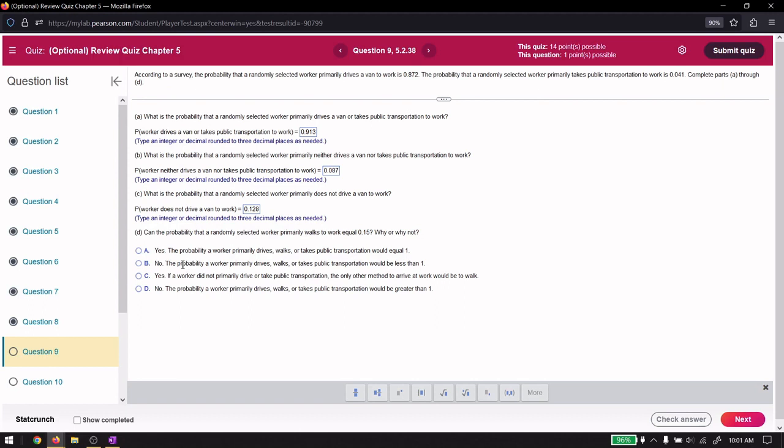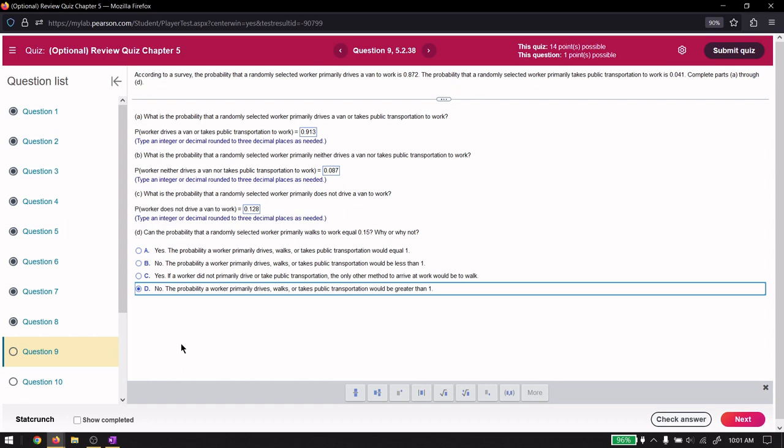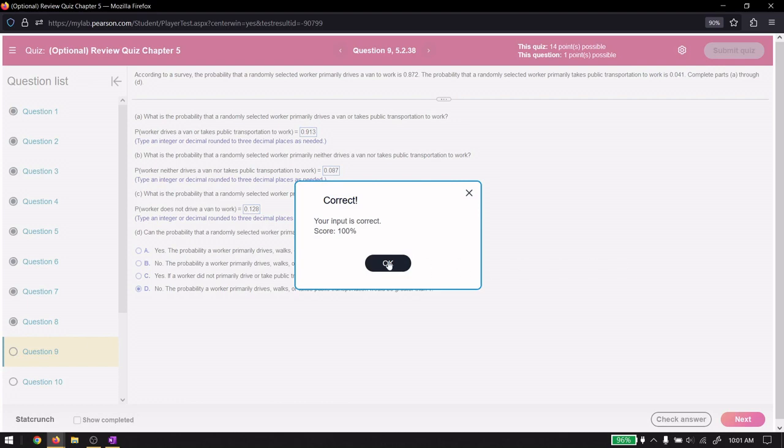So no, it would be greater than 1 if that were the case. So it could be 0.087. I mean, it could be less than that if people do something other than walking as well, other than driving a van or public transportation. So it definitely cannot be 0.15 though. And that's all correct.